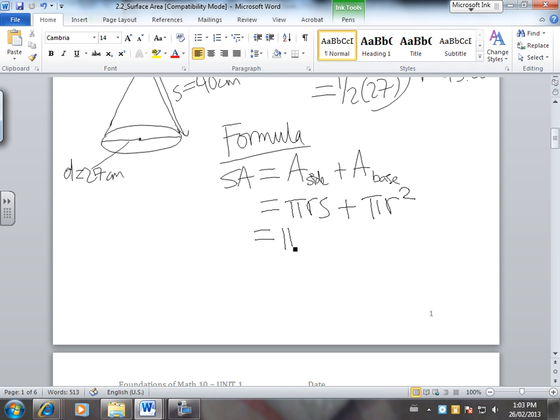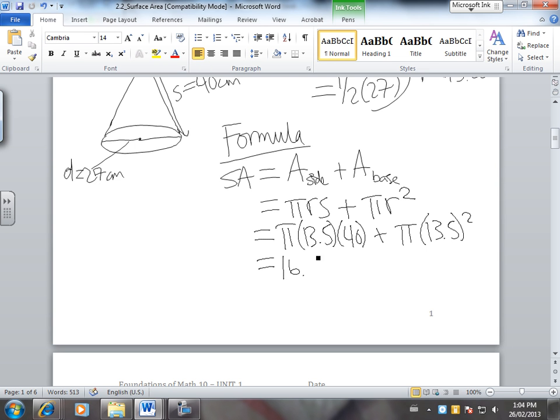So we have pi. We figured out that radius is 13.5. We were told that slant height is 40. And again, we slot in our radius. And remember to use the pi button on your calculator, not 3.14.